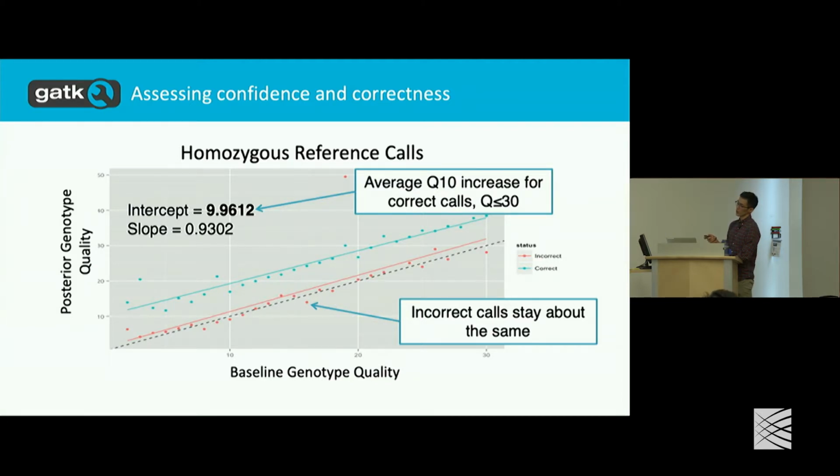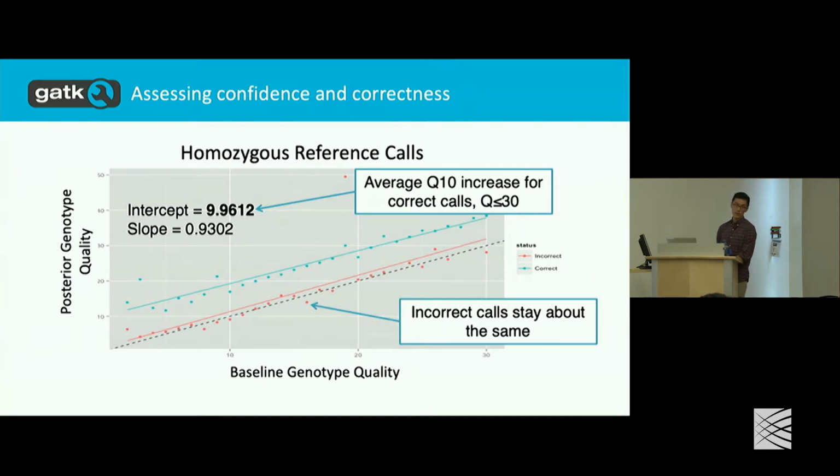The red ones stay pretty much the same before and after applying this, but for the correct genotypes, we have more confidence.